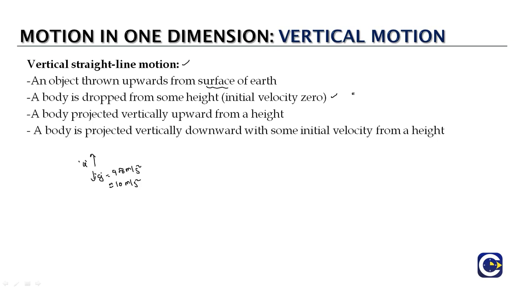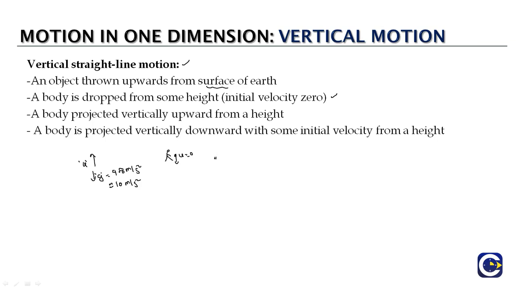Now dropping or releasing is one of the important cases of motion that we look at, because if we are dropping an object from a standstill position, then the initial velocity would be taken as 0.